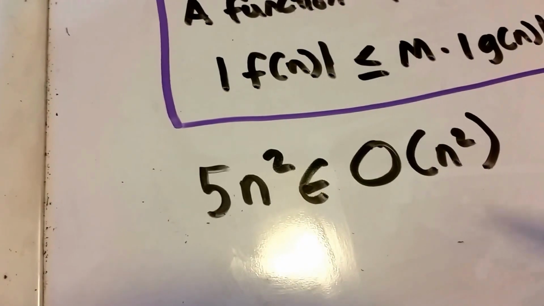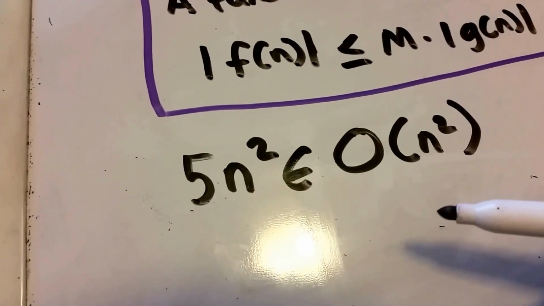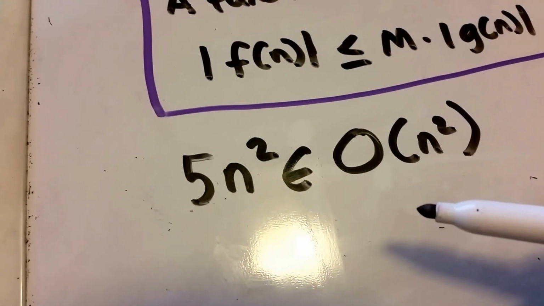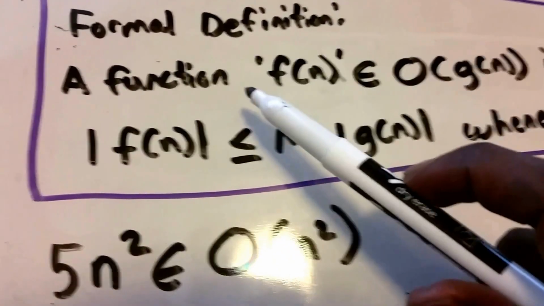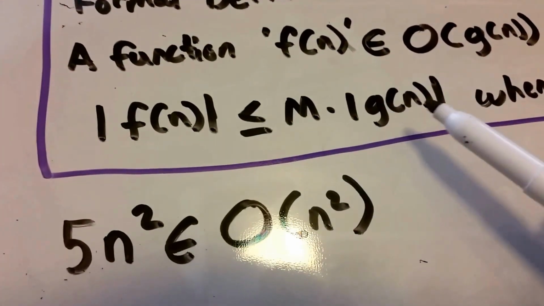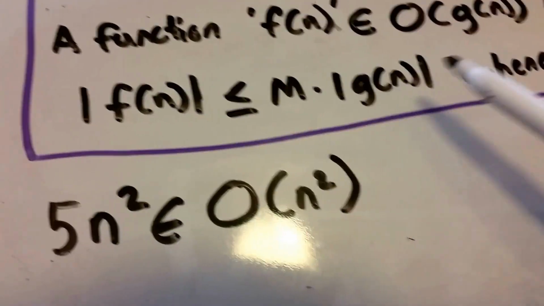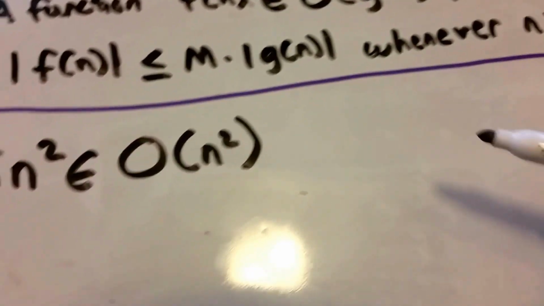So Big O of n squared just contains the set of different functions. It actually contains the set of functions where those functions are less than or equal to some constant times, in this case, n squared, where n is greater than some other constant k.